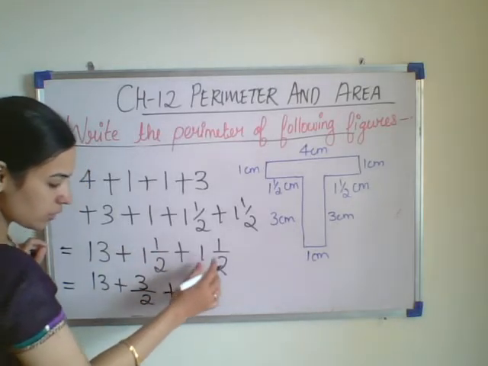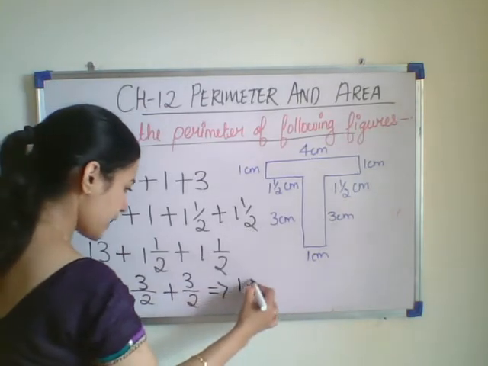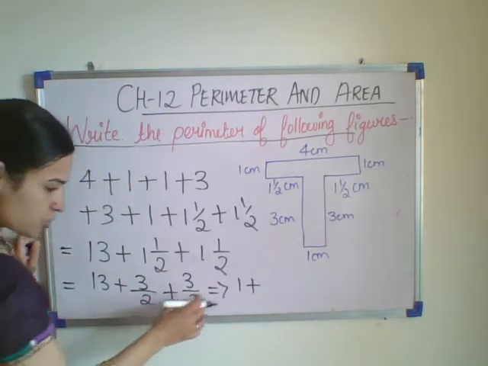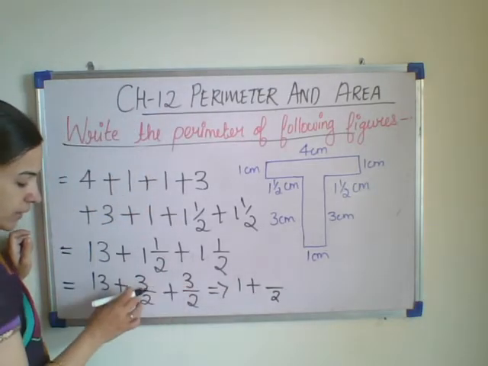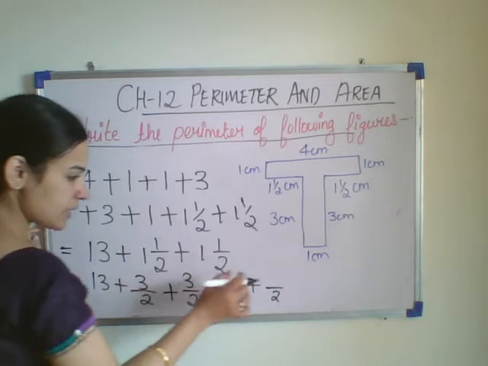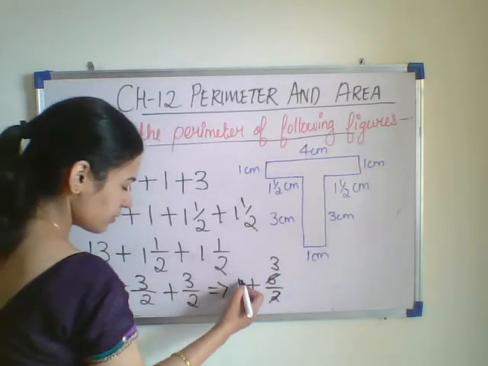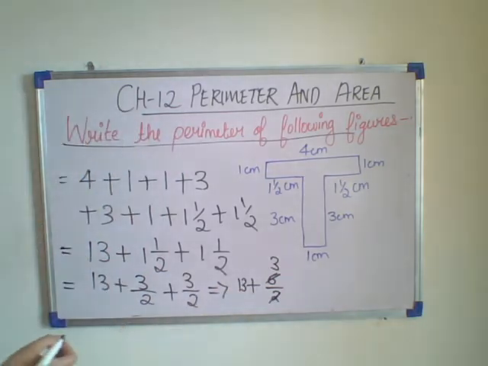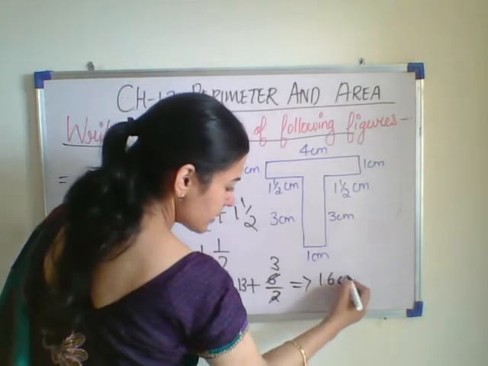This will also be 3 upon 2. Then we will write it as 1 plus 2. The denominator will remain the same and we will add the numerators. 3 plus 3 is 6. 2 1s are 2, 2 3s are 6. So here we will get 13 plus 3, that is 16 centimeter.